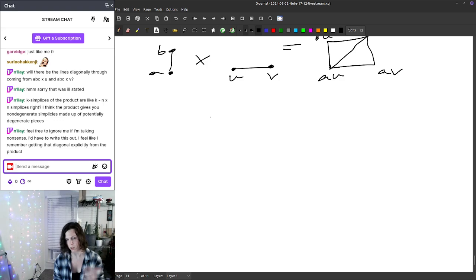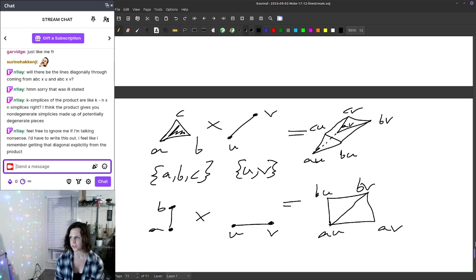It could just be that I haven't looked at this enough myself as well. No worries, brainstorming, because that's what I'm doing too. For the sake of the exercise, I don't want to just go look up, while I'm in the last 15 minutes of streaming, the categorical product of two simplicial sets.